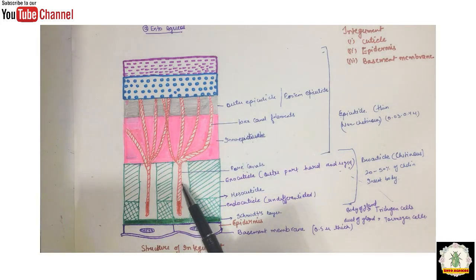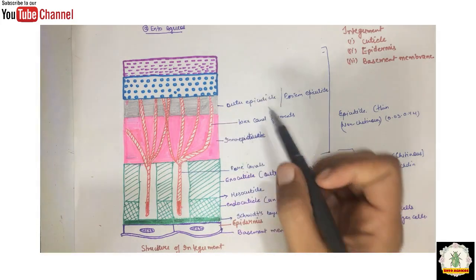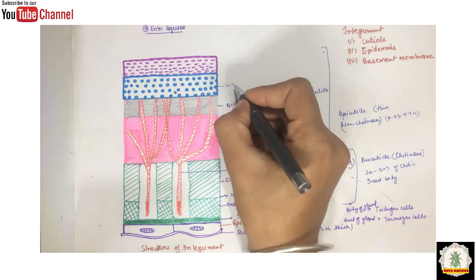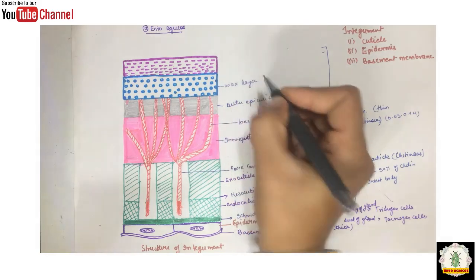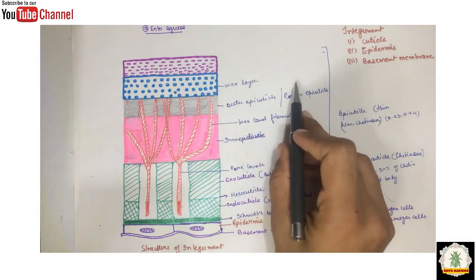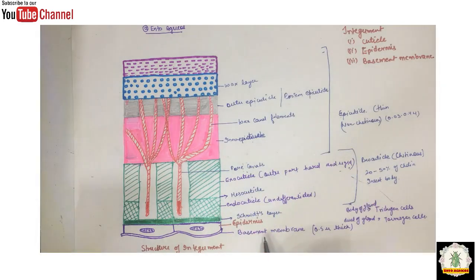These are the glands in the epidermis, and they produce a waxy material in the dissolved state, and it forms a wax layer above the protein epicuticle.